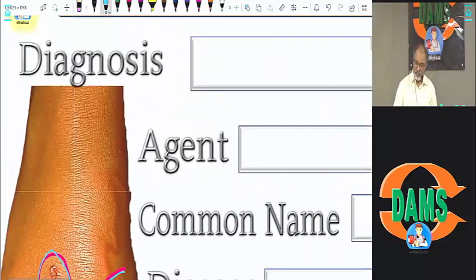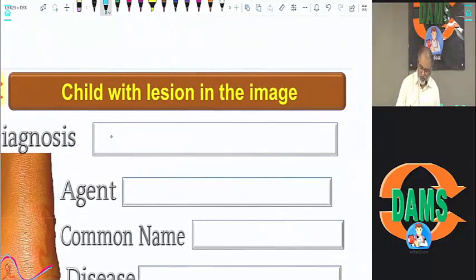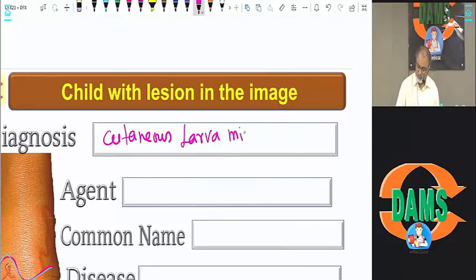So the diagnosis is cutaneous larva migrans.